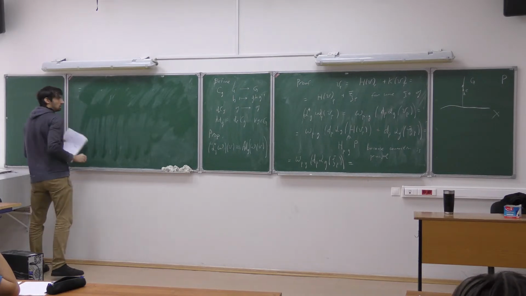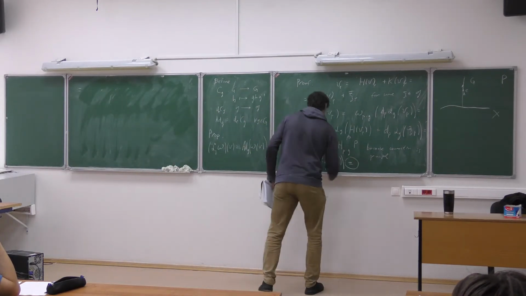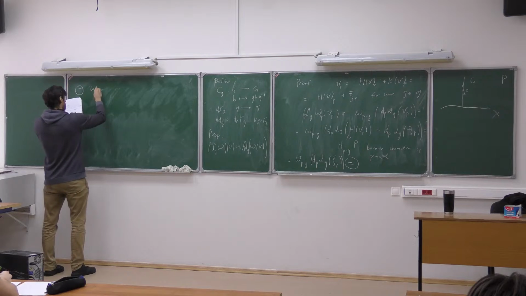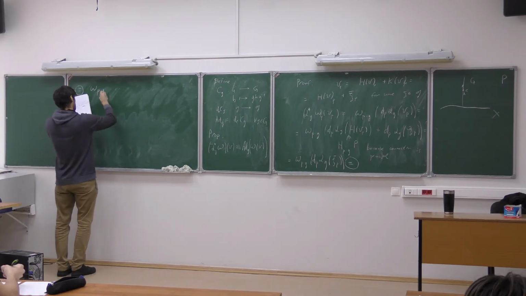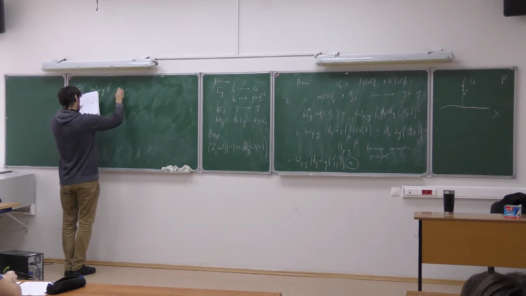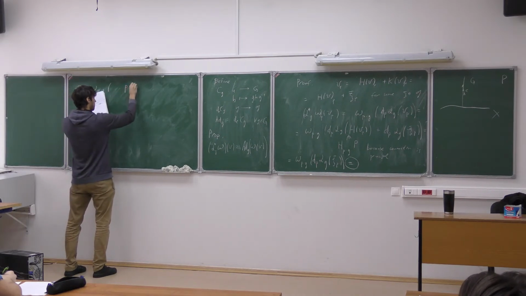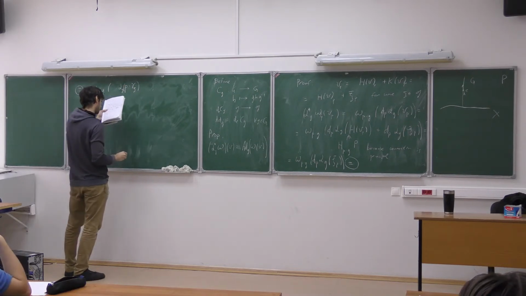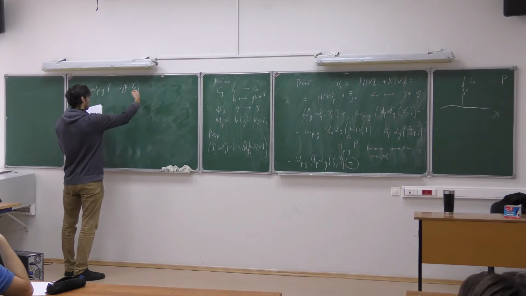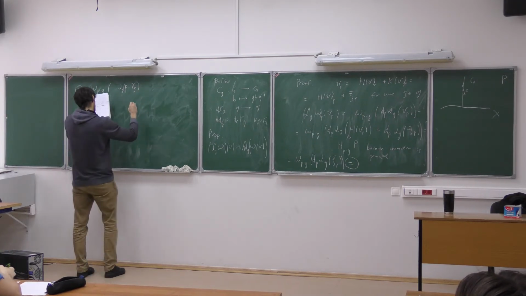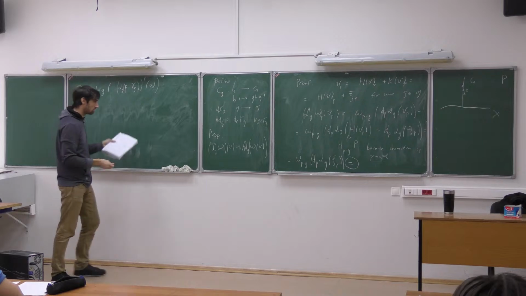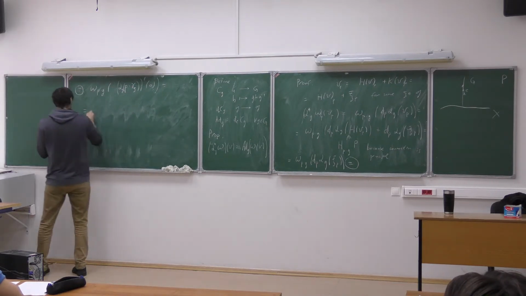So this is equal to omega P dot G of, I take the curve P gamma psi and apply alpha G to it. And then I take the derivative of it at 0. So this is just the definition of the differential.